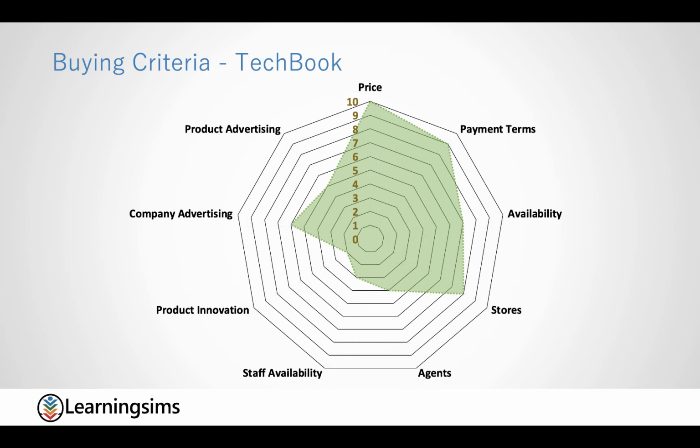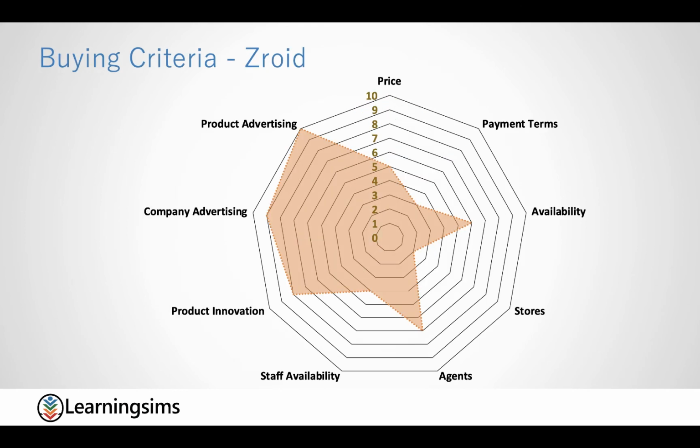And the textbook buyer has said that price is the most important factor, followed by the payment terms and the stores, relative to product innovation and maybe product advertising as well. So if you were to increase price on this particular segment, you will generally find that you would lose market share. If we look at the Zeroid, which is our mid-end product, this one is a trendier customer.